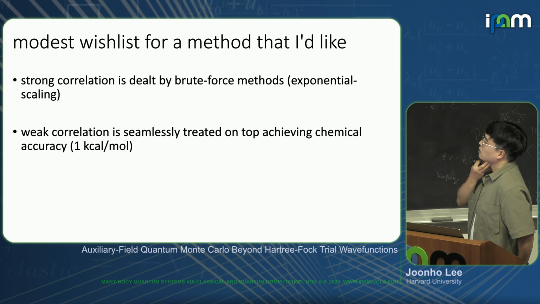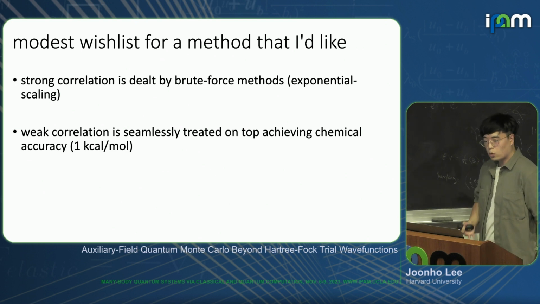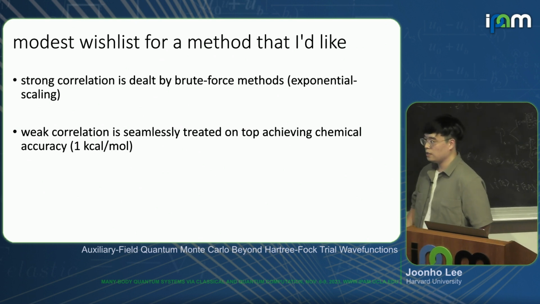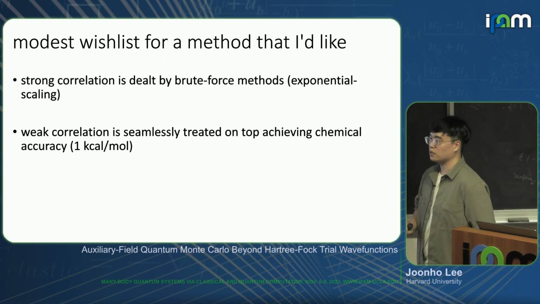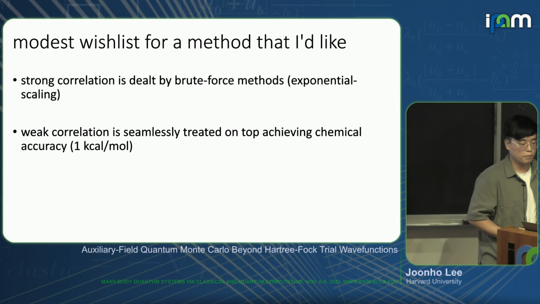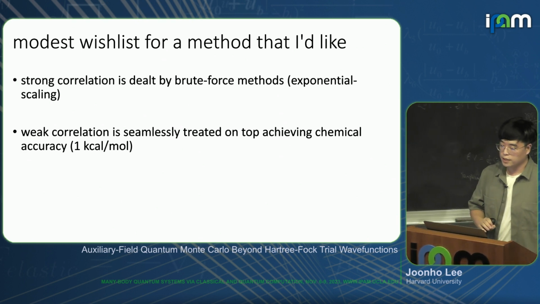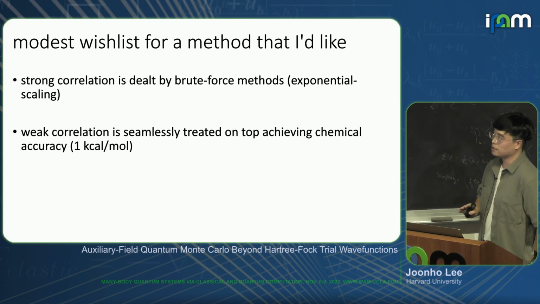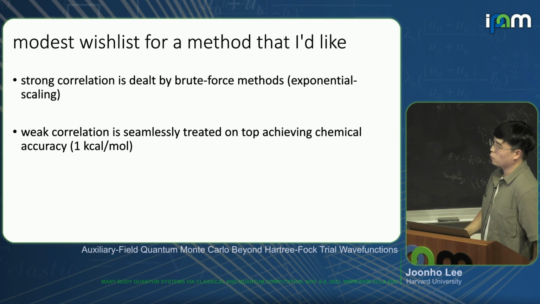Having said that, we should be able to treat weak correlation almost perfectly. This is relatively easier to handle. Perturbation theory seems to be the right choice of method for weak correlation if strong correlation is nicely cleaned up by one of the brute force methods.